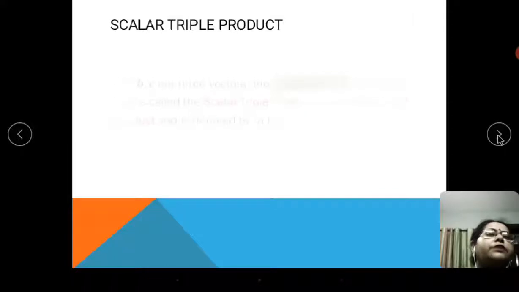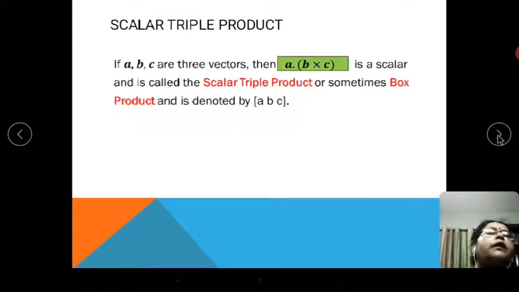So for any three vectors A, B, C, scalar triple product is an expression of the form A dot B cross C. So that means first we are using cross product for the vectors B cross C. So the resultant will be a vector, and that vector is then again multiplied with the A vector using a dot product.